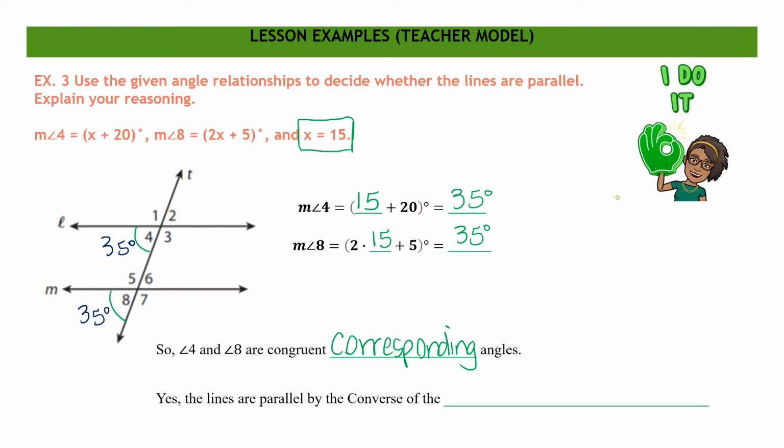angles. And I know they're corresponding because both of the angles are on the same side of transversal T, so I'm highlighting transversal T. And they are on the same side of the intersected lines L and M. So they are both below lines L and M. So because we see that angles 4 and 8 have a relationship, and that relationship is that they're corresponding angles and that they're congruent, we can say yes, in fact, these two lines L and M are in fact parallel.